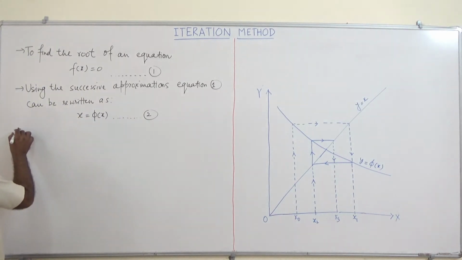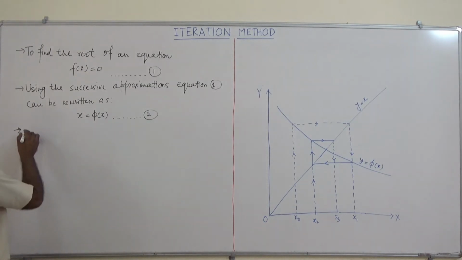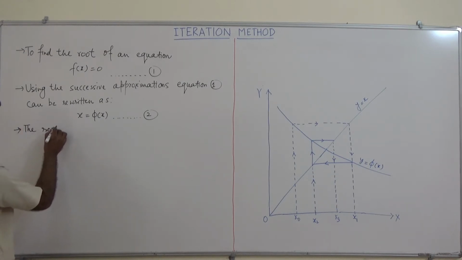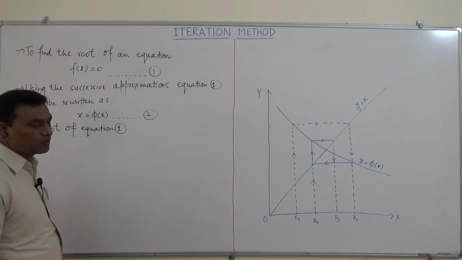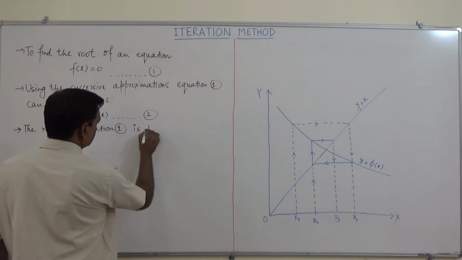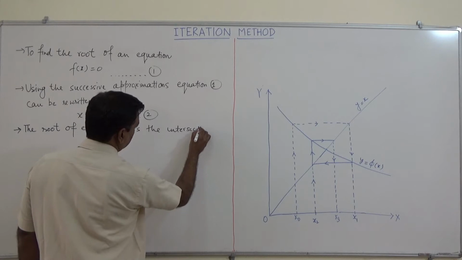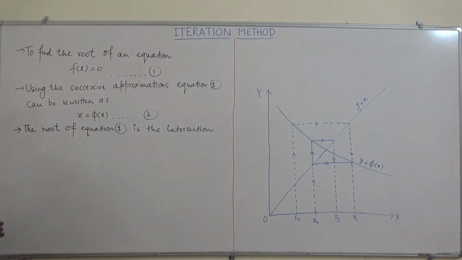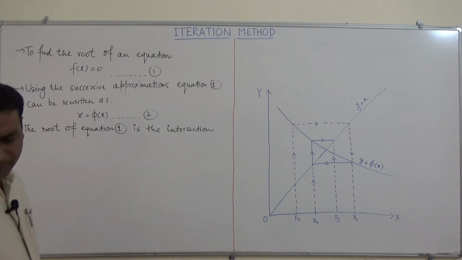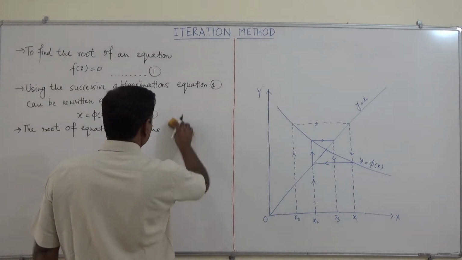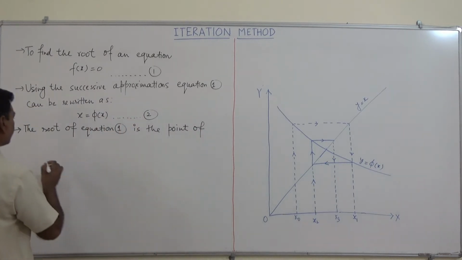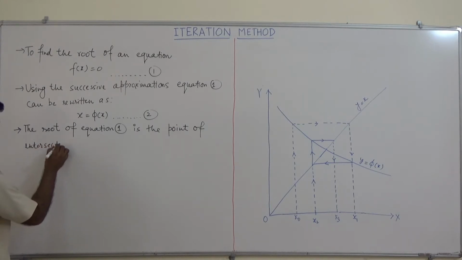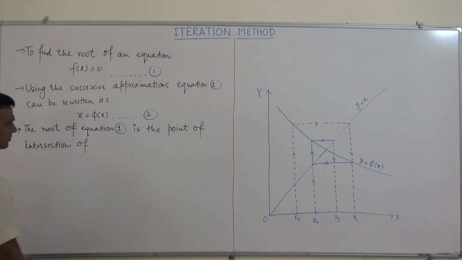Now the most important point of this iteration method: the root of equation 1 is the point of intersection of two curves.